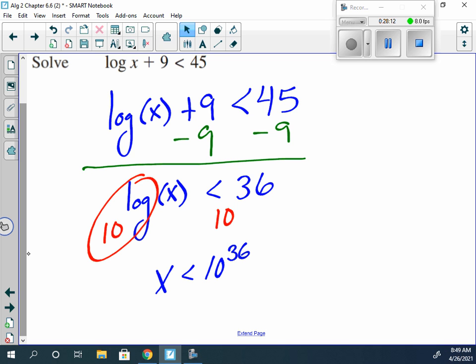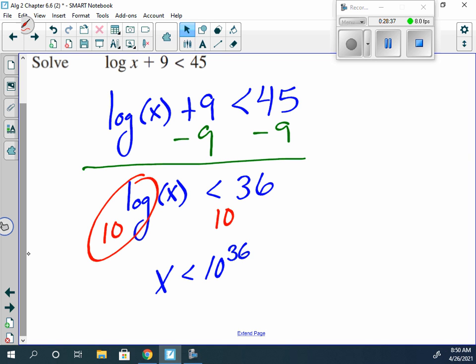Now, we're almost done. When we look at this here, could x be a negative number? Because is negative 1 less than 10 to the 36? Yes, because really this is a huge number, so anything less than it is going to be true for this inequality.